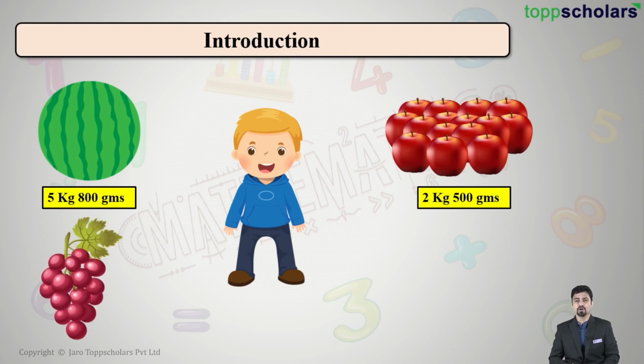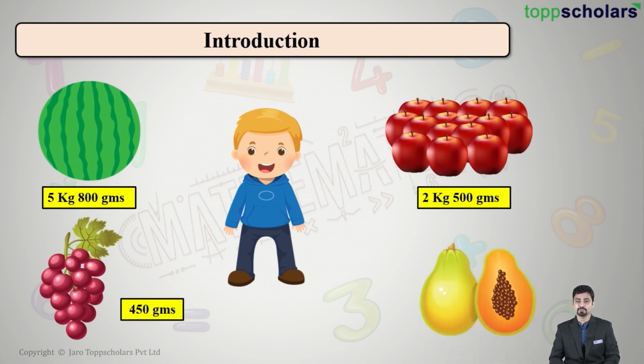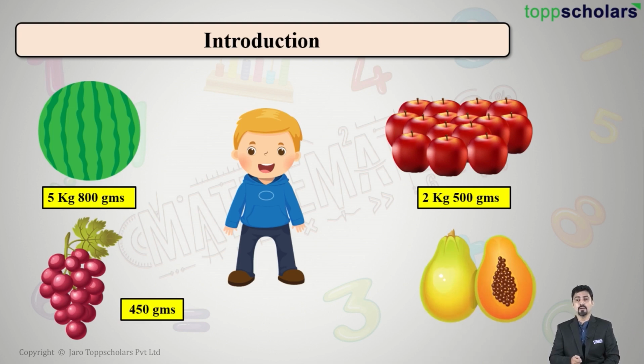He also brought grapes of weight 450 grams. And he also got papaya of weight 1 kg 700 grams. Now this boy was thinking, what is the total weight of all the fruits taken together?